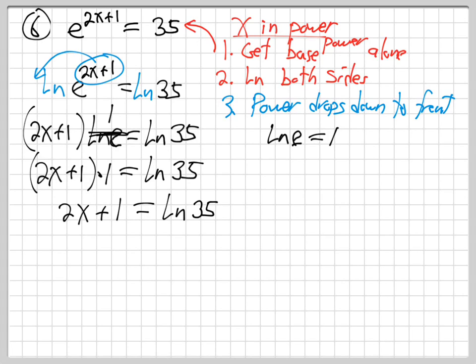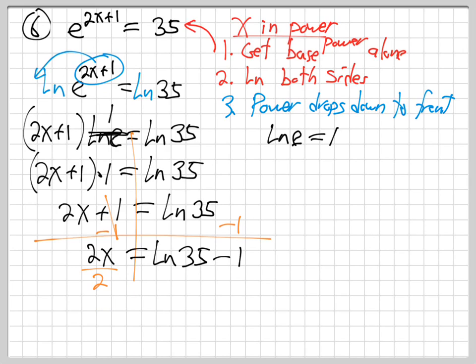Okay, so now we just got to finish. Now that we've got x out of the power, down on the base level, just get him alone, right? X is saying I want to be alone. So get rid of this 1, subtract 1 from both sides, gonzo. So we have 2x is ln 35 minus 1. Last step to finish getting x, divide by 2, boom.